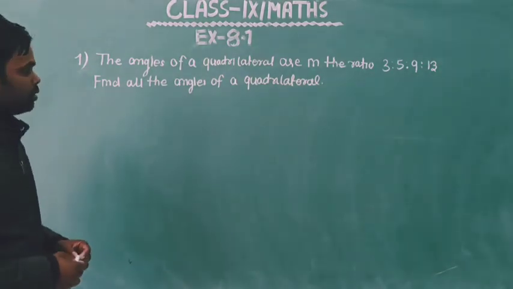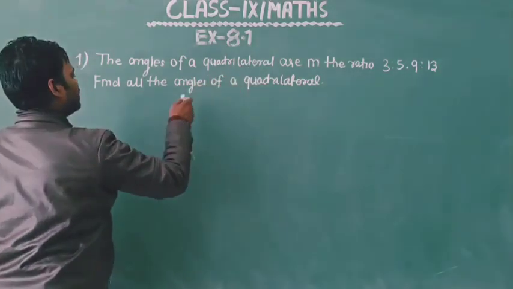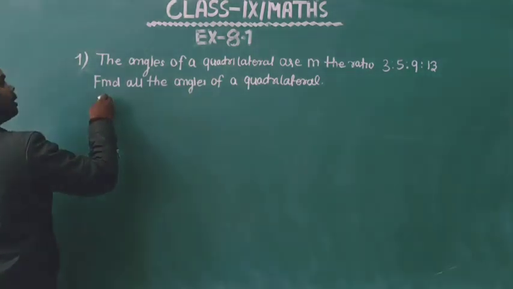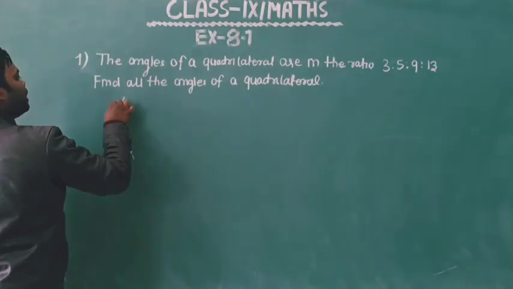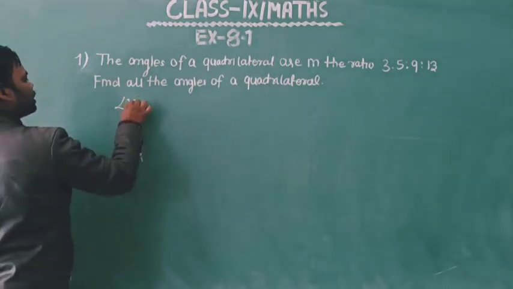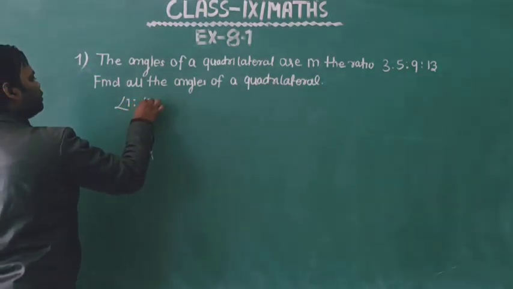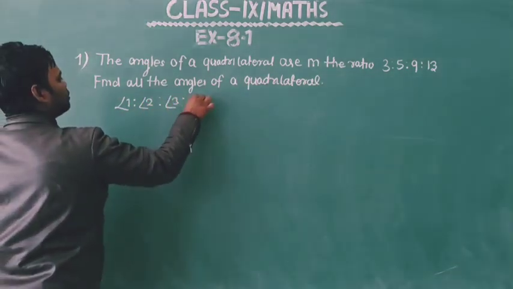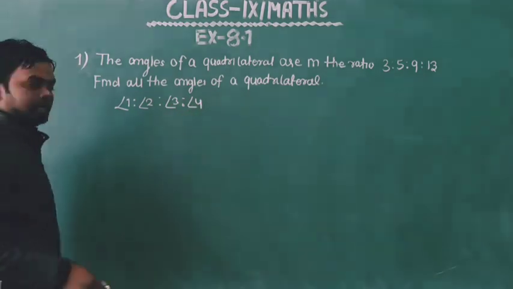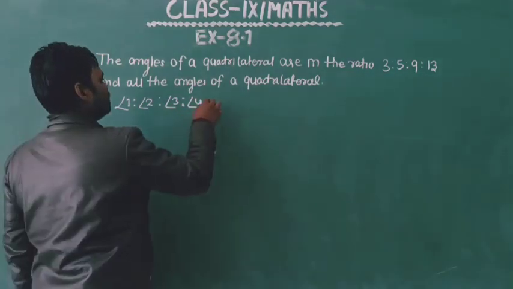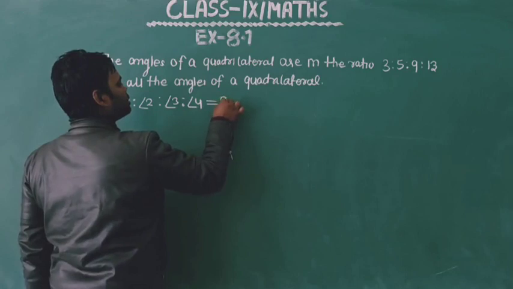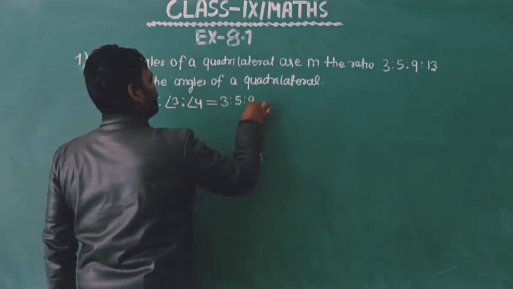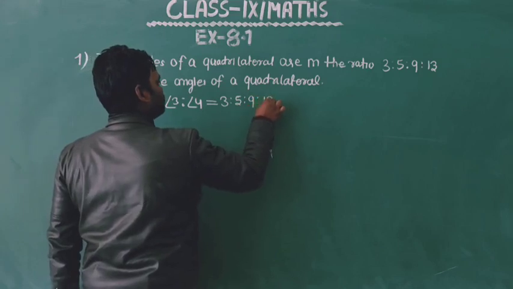Okay, so we have been given the ratio of the four angles of a quadrilateral. Let the angles be angle 1, 2, 3, 4. The ratio of the angles is 3:5:9:13.